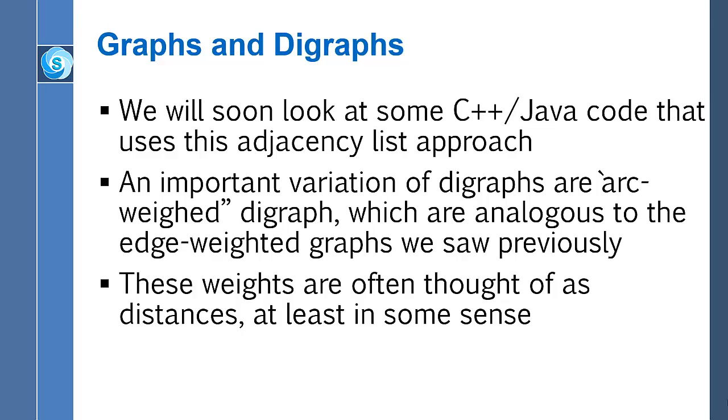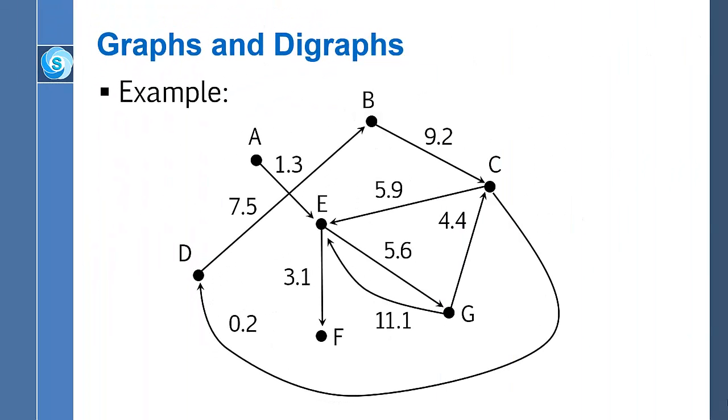It's more abstract. Here's a picture of an arc-weighted digraph. I think it pretty much speaks for itself. There's an arc from D to B, and the weight of that arc is 7.5, and so forth.